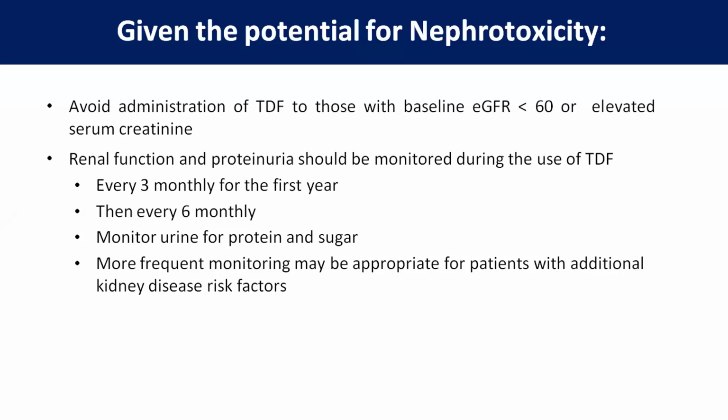Or if the patient is on tenofovir, switch to an abacavir-based regimen, because it is renal friendly. And renal function and proteinuria should be monitored whenever you use tenofovir, every 3 months for the first year, then every 6 months, and monitor urine for protein and sugar, as I have already mentioned. More frequent monitoring may be appropriate for patients with additional kidney risk factors.